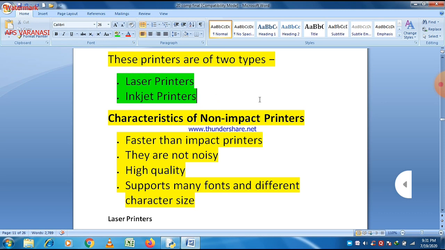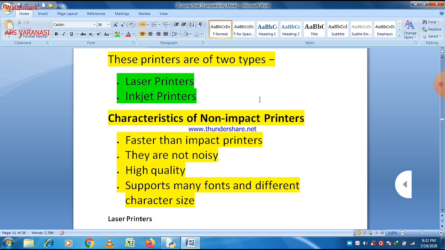Two categories: laser printers and inkjet printers. The technology is different when we compare a laser printer to an inkjet printer, and a laser printer is much faster in comparison to an inkjet printer.